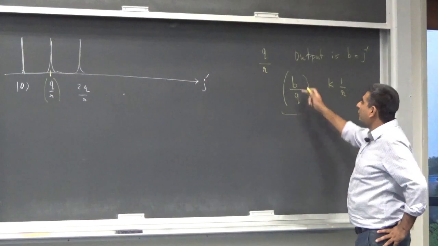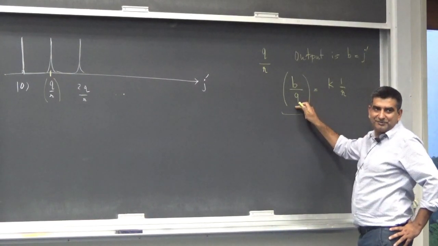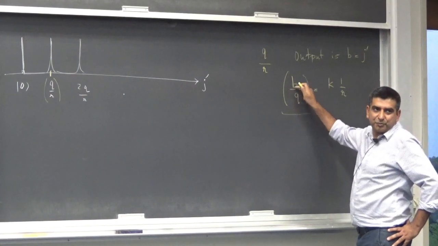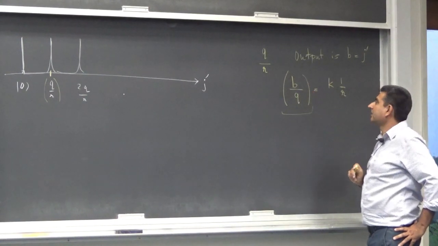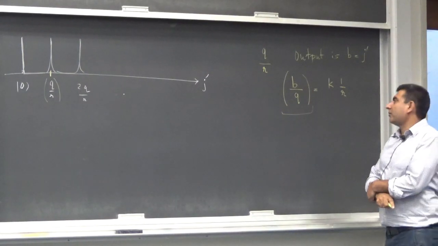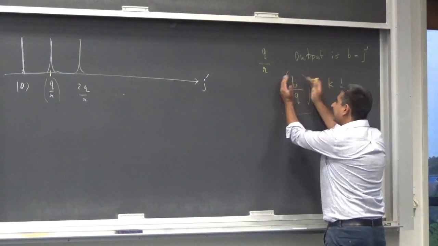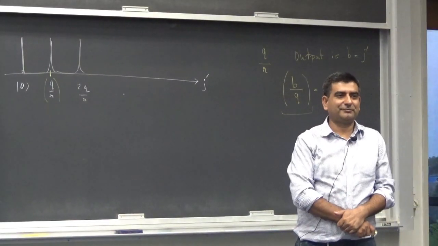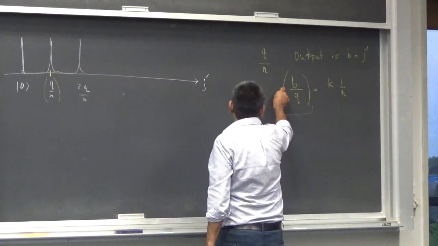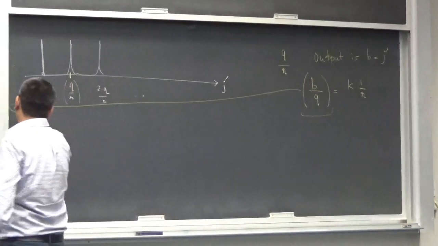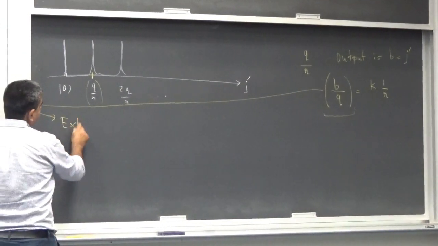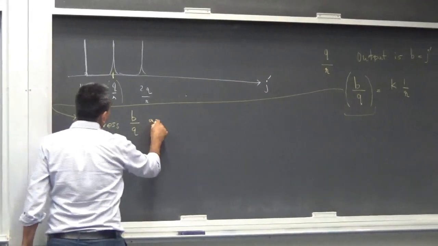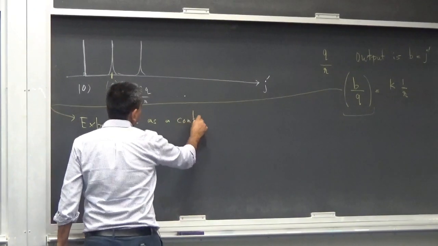Of course B is going to be less than Q, so this is a proper fraction in which the numerator is smaller. Now I would like to express this as a continued fraction. Now the classical algorithm starts: express B over Q as a continued fraction.